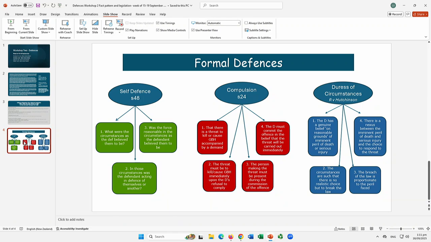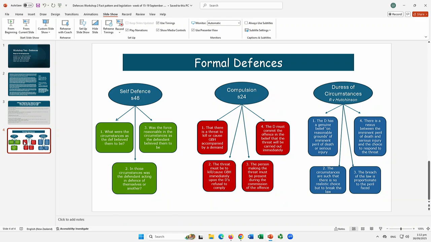Obviously, self-defence and compulsion are codified. Duress of circumstances, not at all, and as much as we can decipher, those are the elements from Hutchinson, but obviously the way in which they are actually applied is not quite so clear because we've got so few cases. But as much as we can, those are the elements that we can pull out from that case.